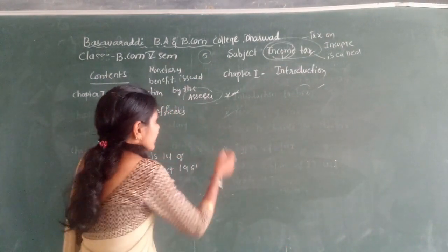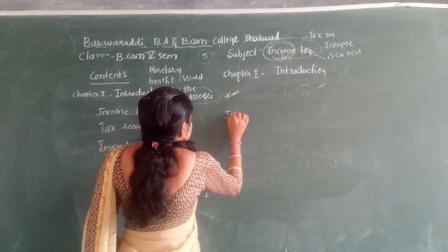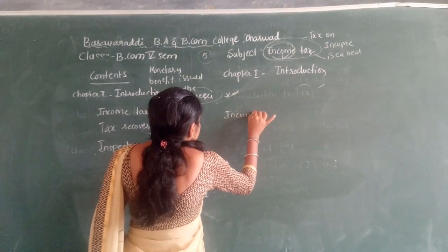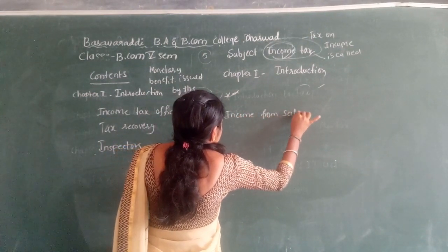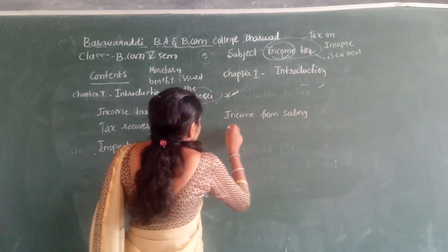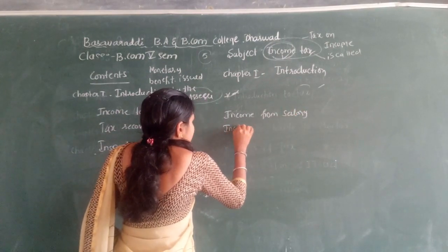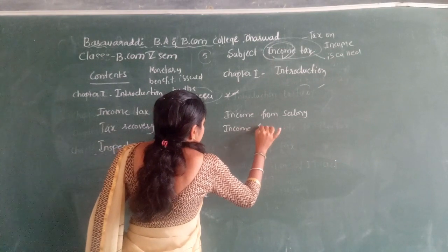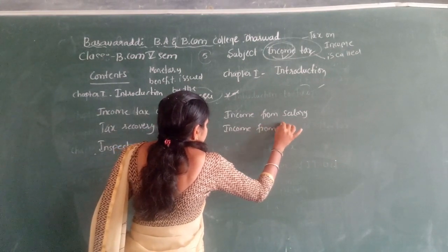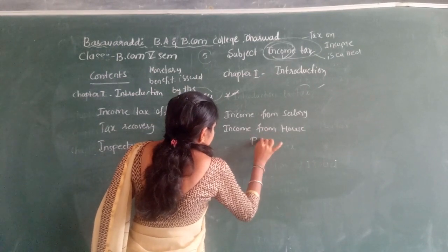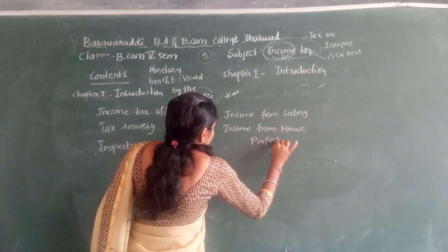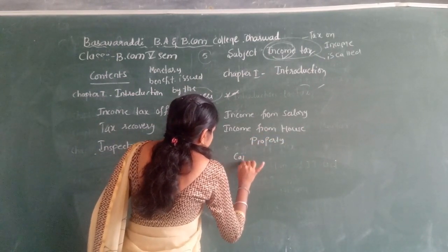First one is income from salary. Second one, income from house property. Next, capital gain.